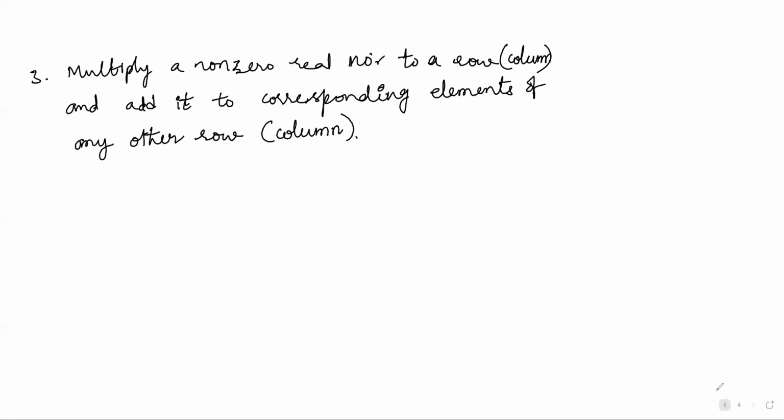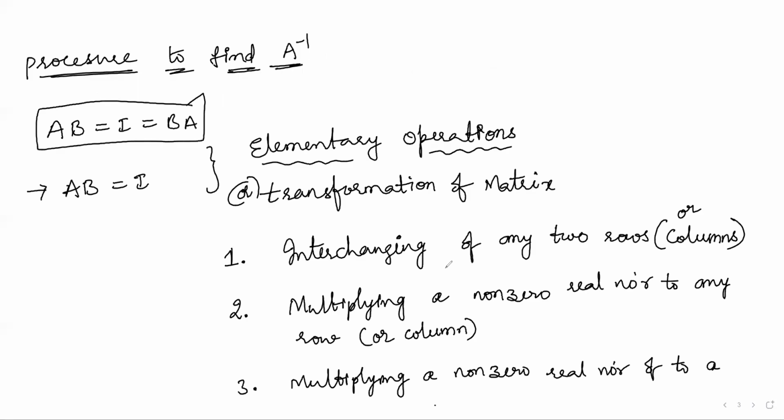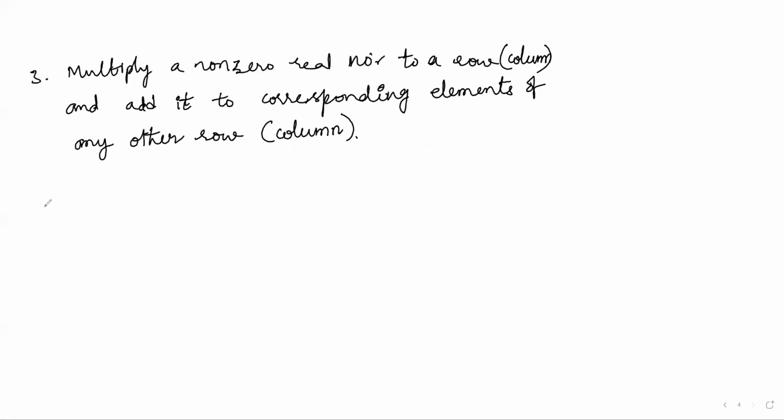See, first thing, interchange of any two rows or columns means what? I will take an example and explain. This is, for example, matrix A: 1, 2, 3, 4, 5, 6, 7, 8, 9. The first operation, let's say row operations.